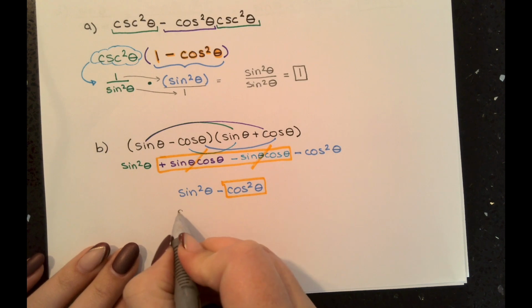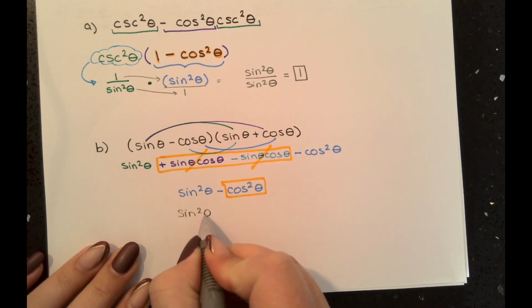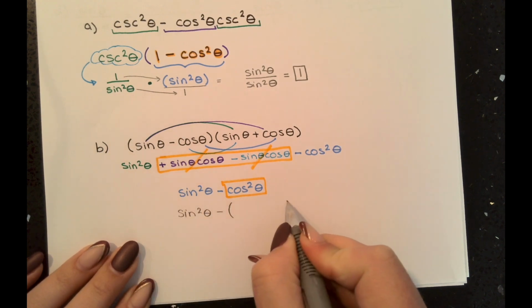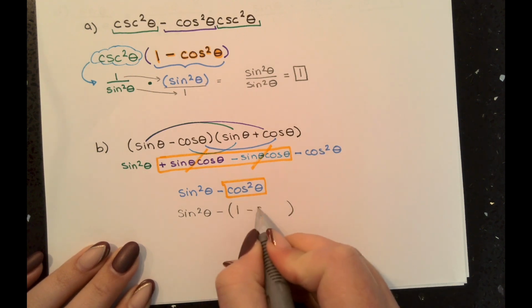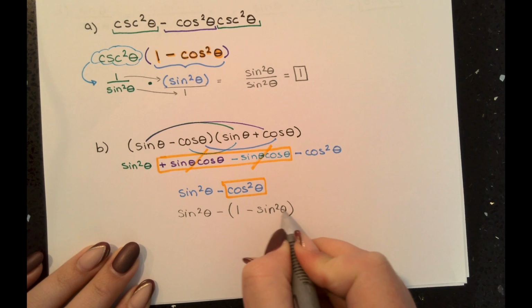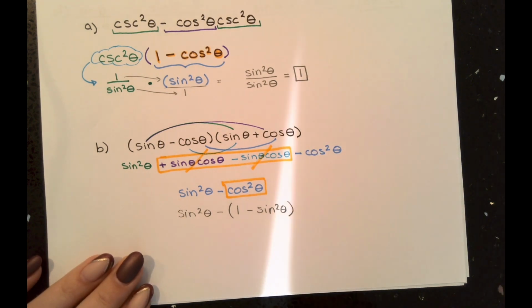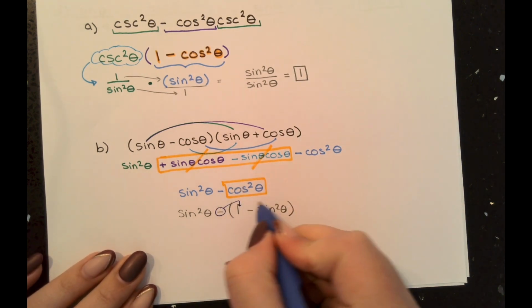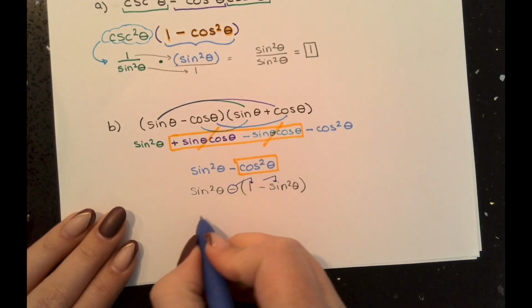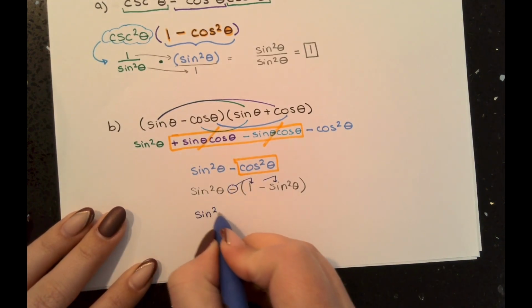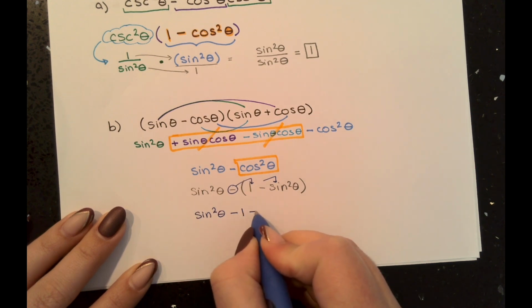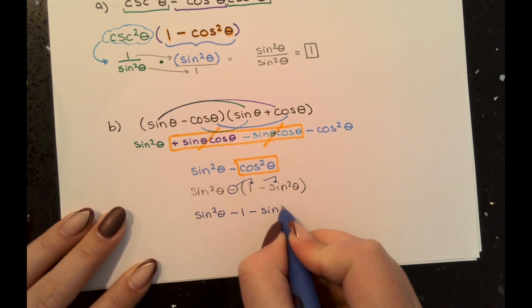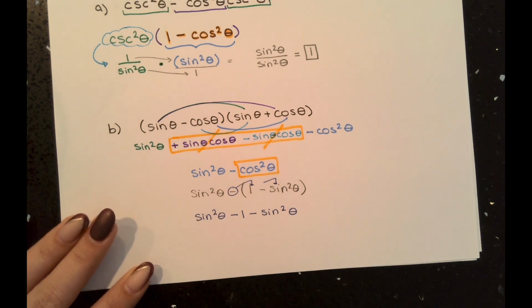So we have sine squared of theta minus, and now I know that cosine squared of theta is 1 minus sine squared of theta. We do have a negative that we need to distribute. So we're left with sine squared of theta minus 1 minus sine squared of theta.